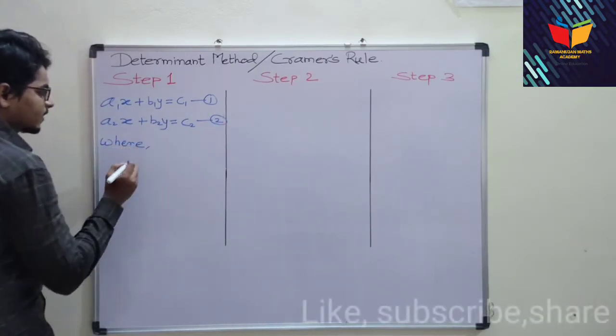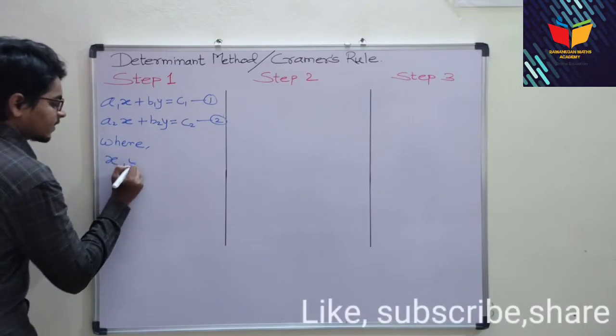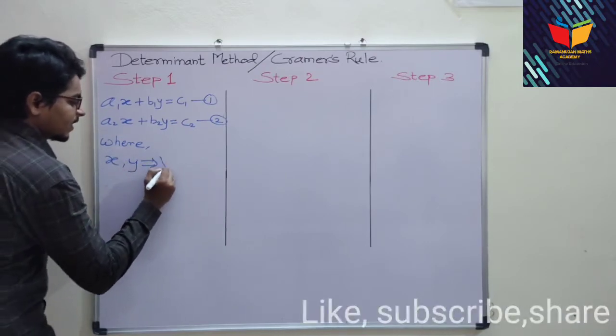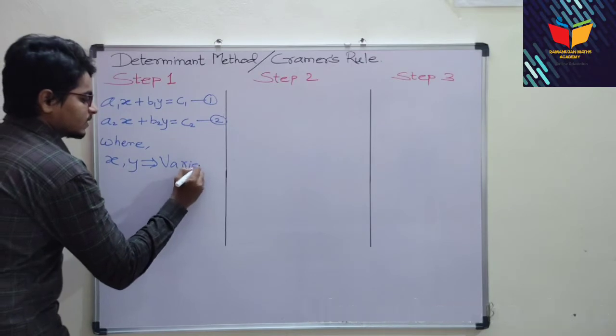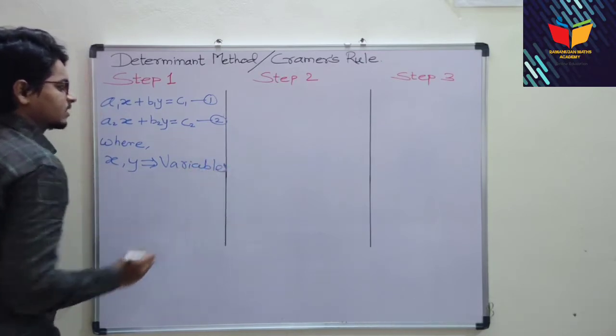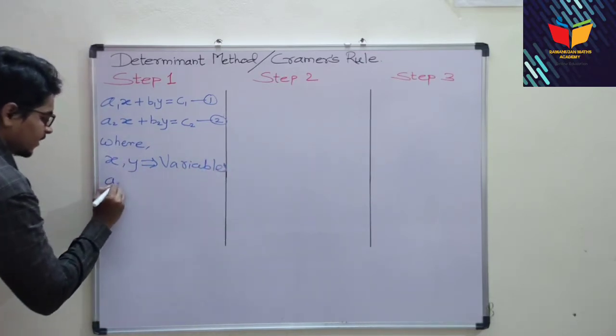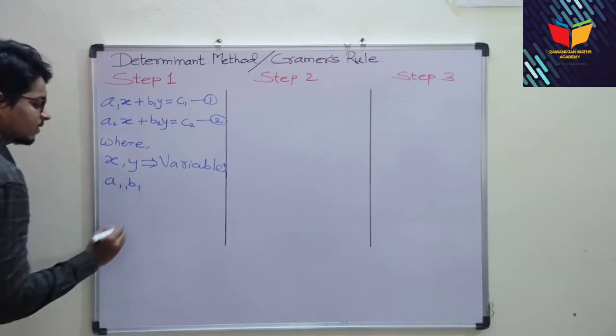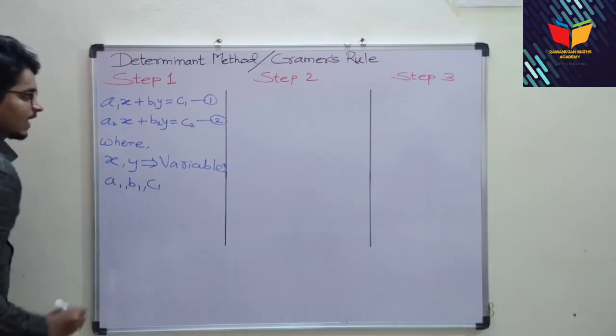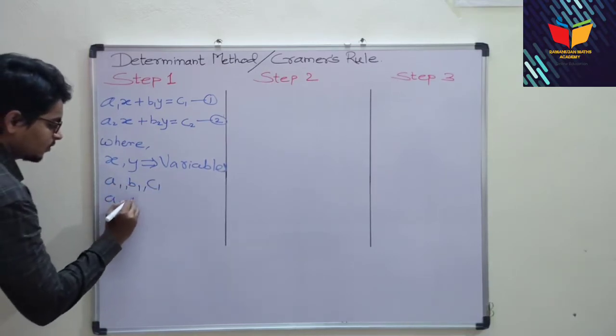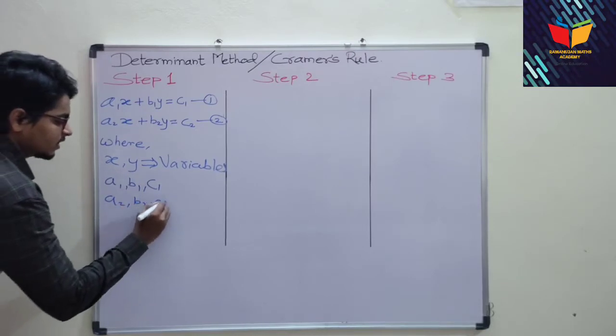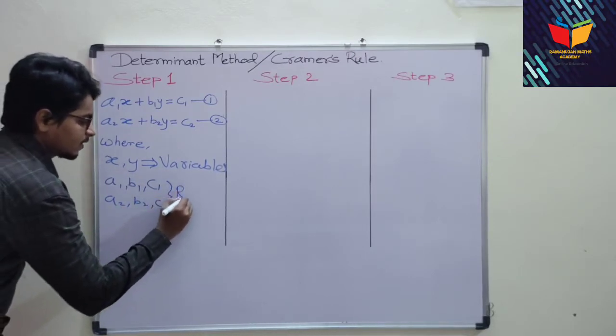where x and y are variables, and a1, b1, c1 and a2, b2, c2 are real numbers.